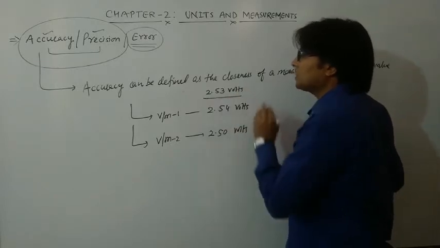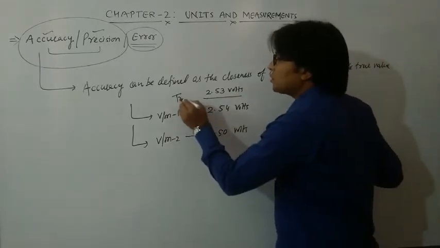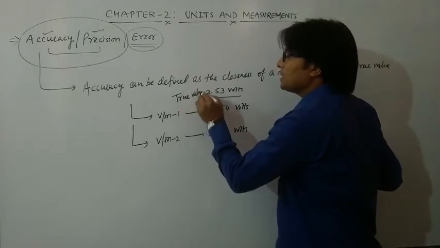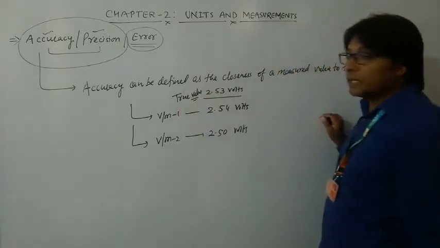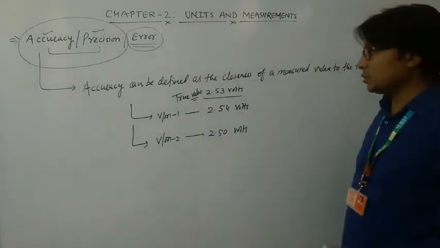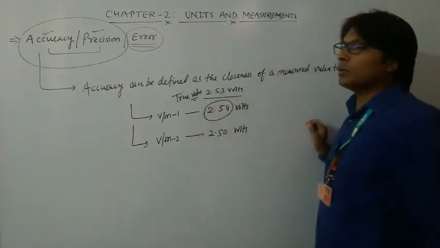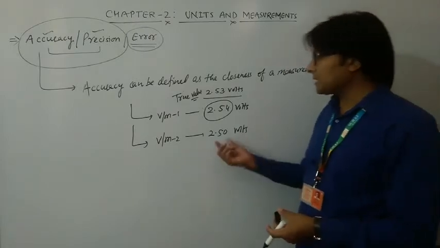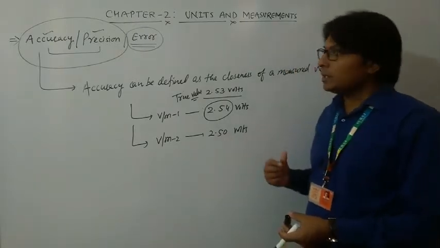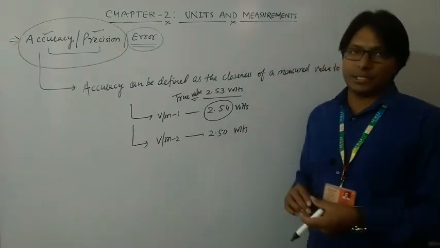So if I ask you which voltmeter is more correct, your answer will be, sir, voltmeter 1 will be more accurate as compared to voltmeter second.